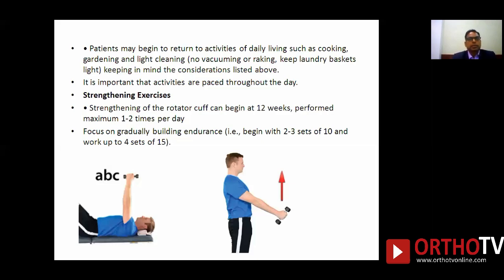The strengthening activities in the latter stage begin at about 12 weeks, that is, the third month post-operatively, and focus on gradually building muscle strength and endurance. Begin with about 2 to 3 sets of 10 and work up to 4 sets of 15.